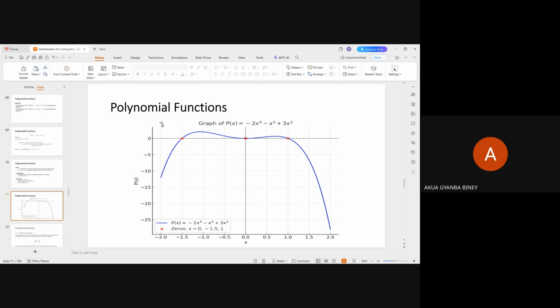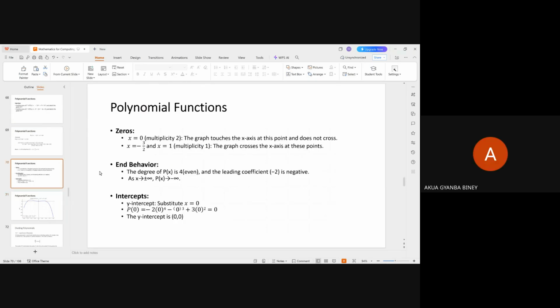So once you have the zeros, sketch the graph. Madam, please, with this graph, where at the right hand side you said it will fall because it is entering the negatives, but the x values there are positive. So it was supposed to be P of x, it's not just x.